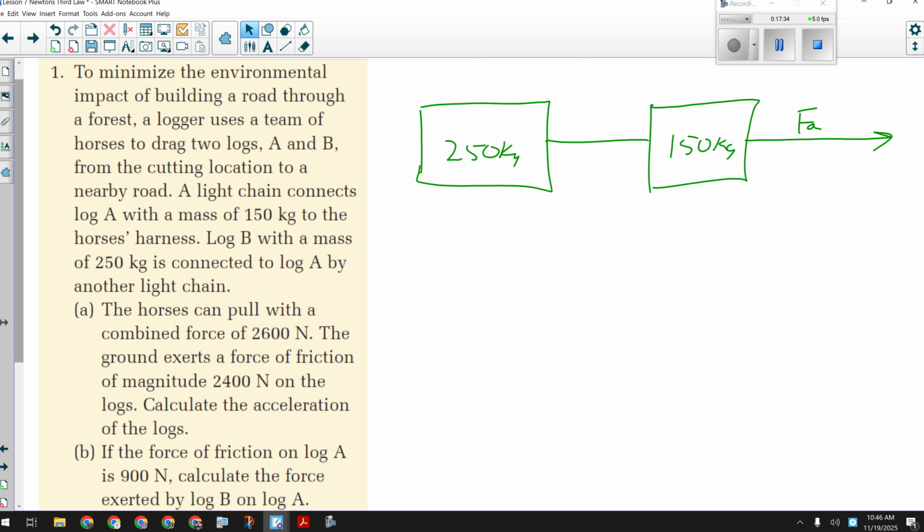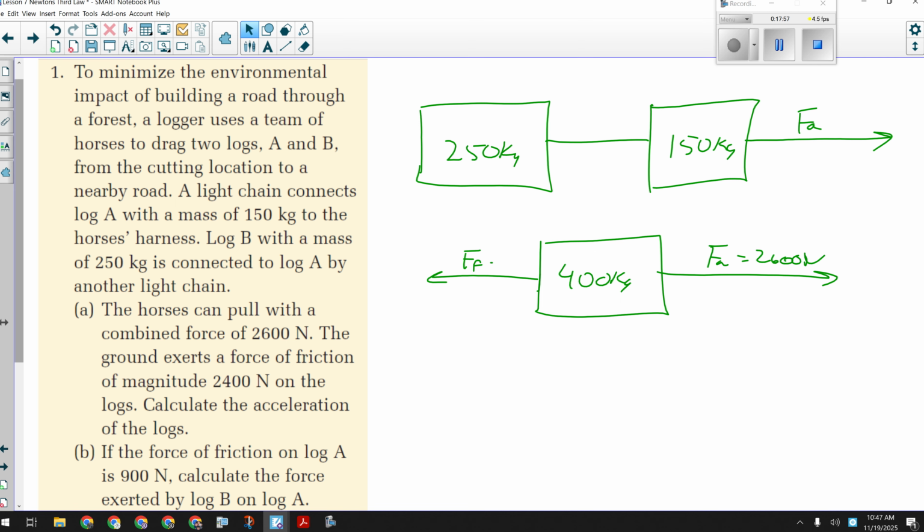So I know that force forward, and then it says the force of friction on the logs is 2,400 newtons. So I'm just going to simplify this and say 400 kilograms is being pulled this way by an applied force of 2,600 newtons and resisted this way by a force of friction of 2,400 newtons.